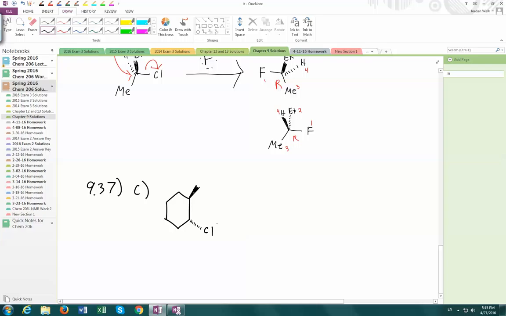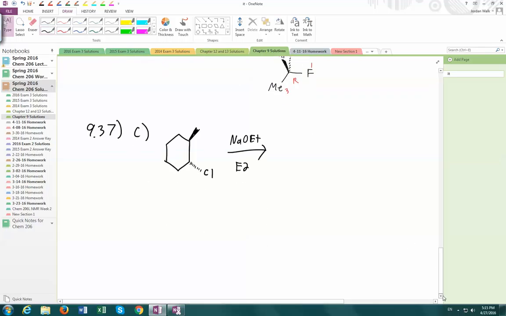We have that. And so we're treating with sodium ethoxide, which is a strong base, and so will promote an E2 reaction. What does it say? It says draw structural formulas, so I guess it wants major products. They're never very clear. That was another general question I had.